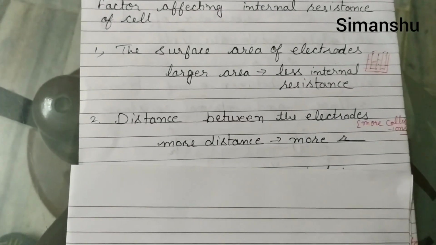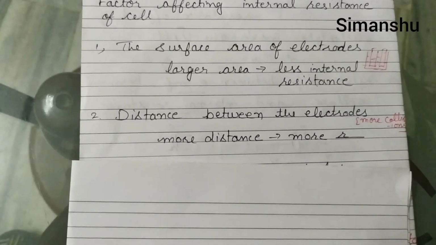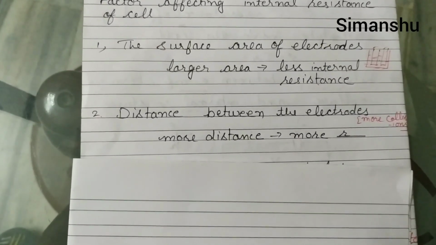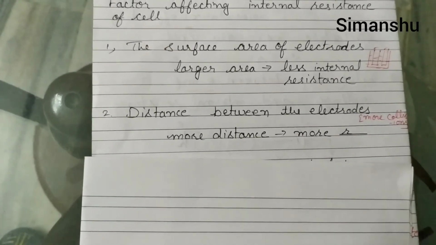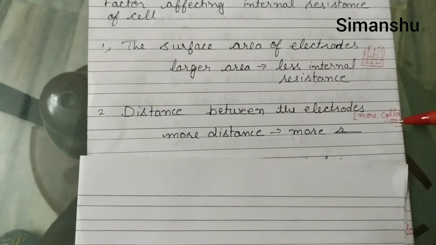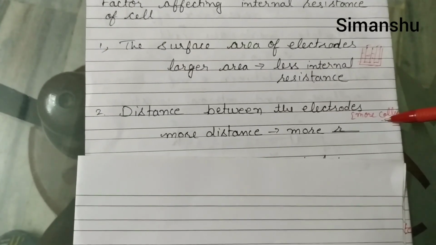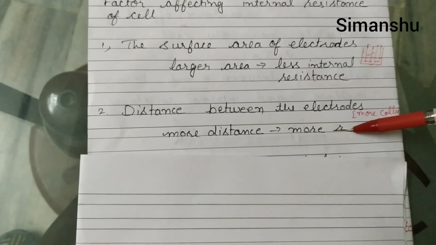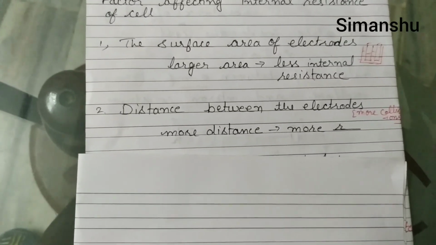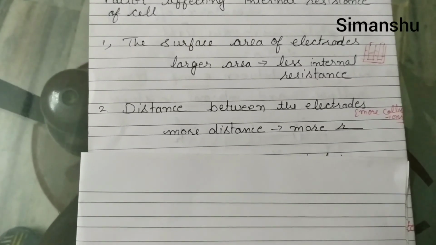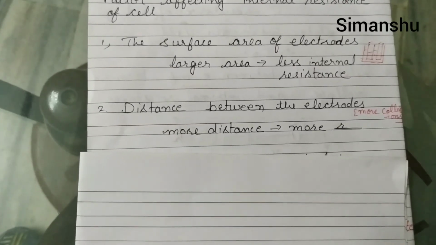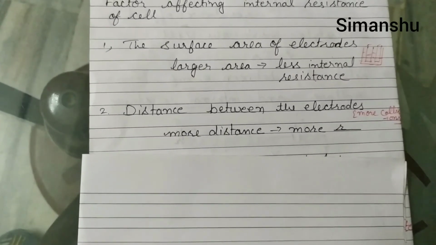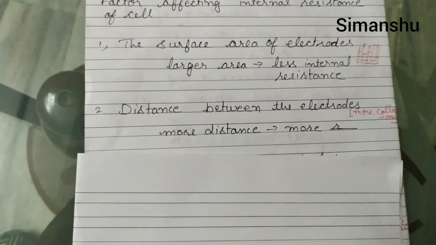Then next is the distance between the electrodes. If more distance is there, then the number of collisions will be more. More collisions mean more internal resistance. The ions will take more time to move from one electrode to another, or from electrolyte to electrode we can say.